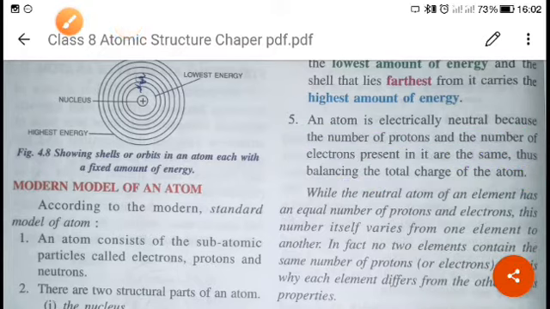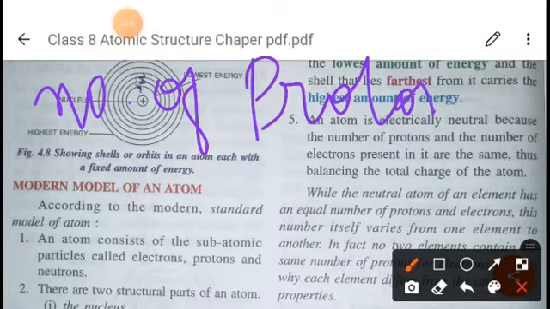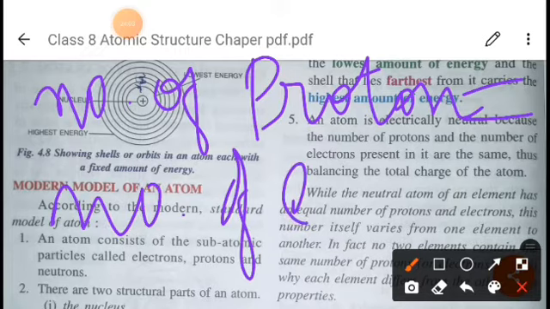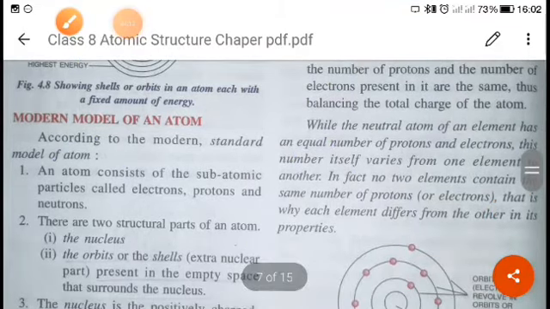Just like we can say, number of protons is equal to number of electrons, right?